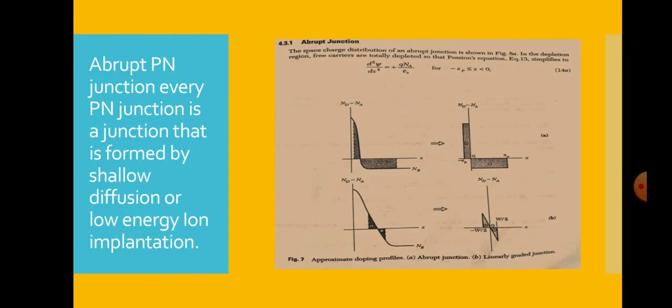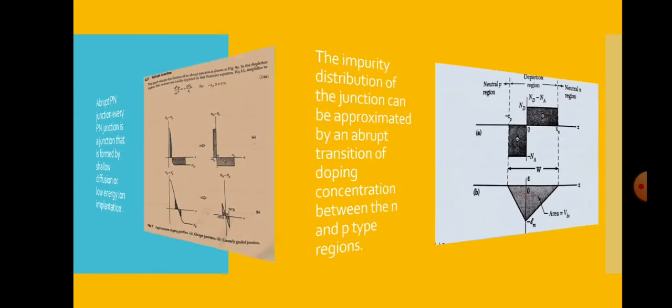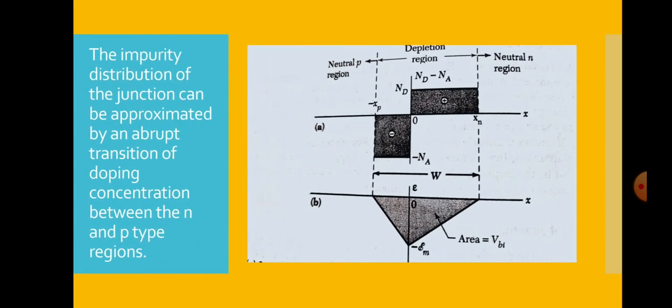This is how we define an abrupt junction. On the n side, this equation becomes d squared psi by dx squared equals minus q ND by epsilon s for x lying between 0 and xn, as we have discussed.